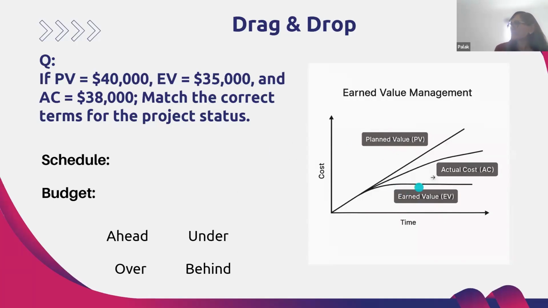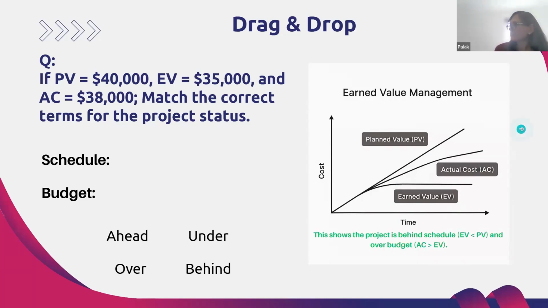And the actual cost, the money spent so far on the project, is higher than the earned value. So if actual cost is higher than the earned value, then it's over budget.